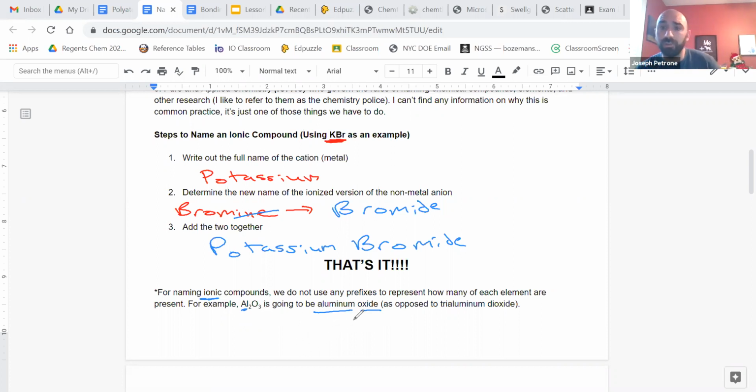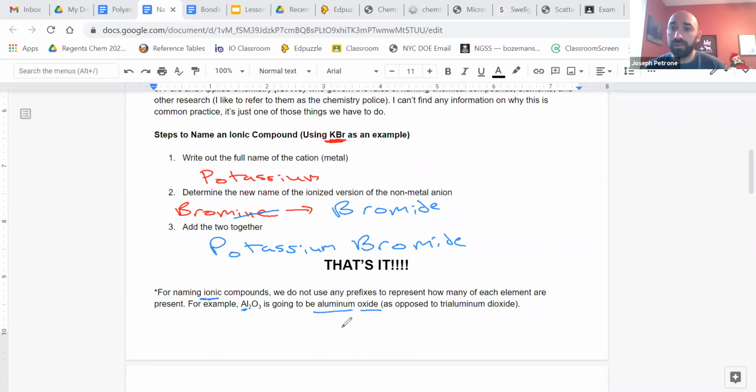So we won't say trialuminum dioxide or anything of that nature. So we are just simply sticking with the metal and the nonmetal when it is in its ionized name version. Okay, so that's how we go from formula to name.